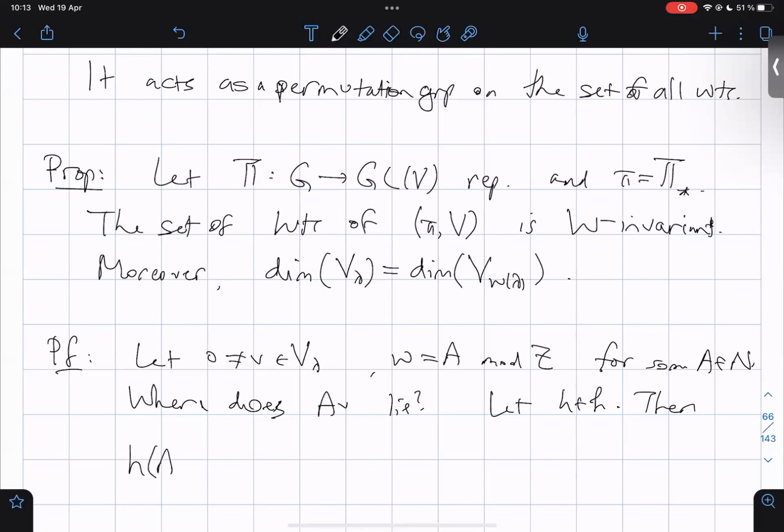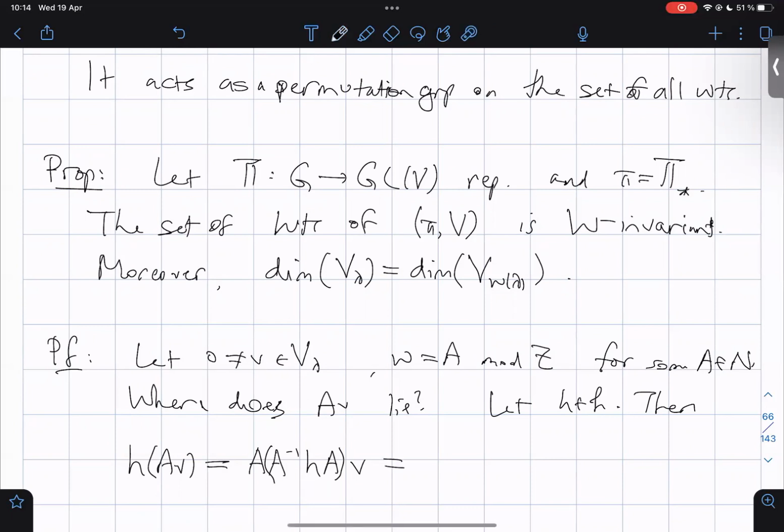Short computation here. Take AV, let H act on it. I'm going to slip in an A inverse, which doesn't change it. I'm going to rearrange the parentheses so that I get this adjoint action coming in over here.